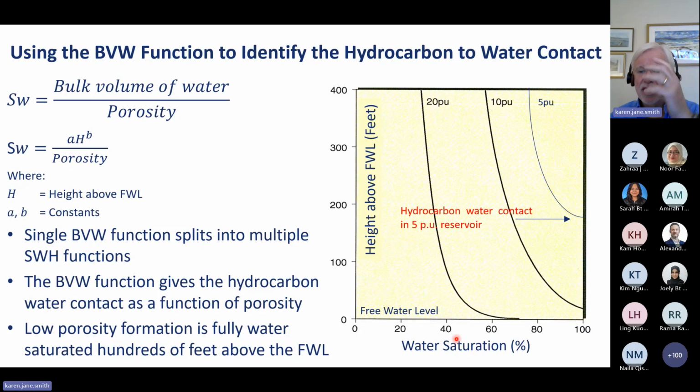And what you notice, you get these characteristic curves for each of the water saturations, so multiple. So this will actually give us the hydrocarbon water contact for different porosities. So a part of the reservoir which is only 5 porosity units, this is where the contact will be hundreds of feet above the free water level. Whereas at 20 porosity units, the free water level and the hydrocarbon contact are very close, as we expect.